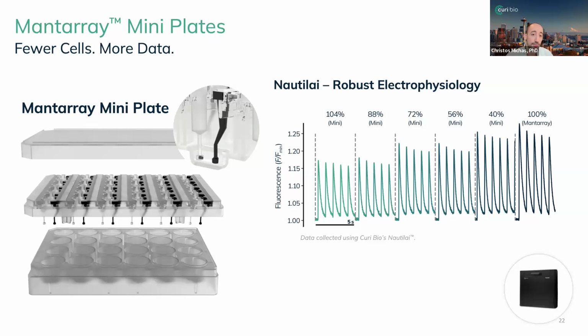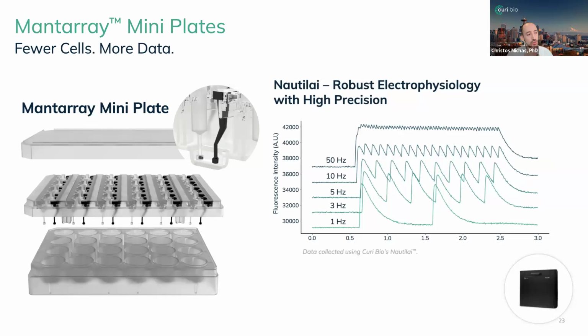Furthermore, if we take the 56% tissue and we subject it sequentially to different stimulation frequencies with the stimulant, we're just presenting them here overlaid for your convenience. So we see that we're driving the tissue from individual twitch contractions at 1 hertz to almost fully fused tetanus at 50 hertz.